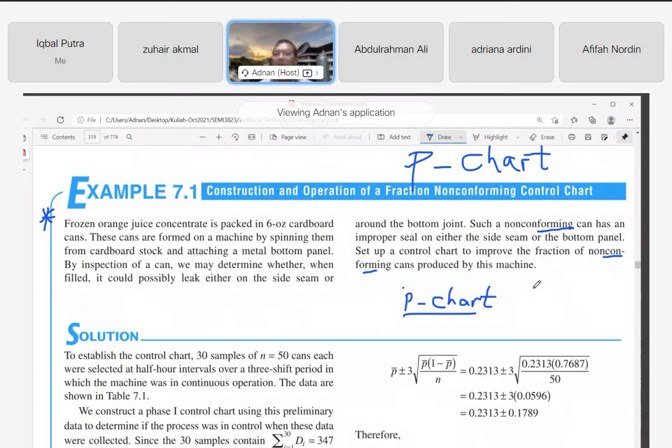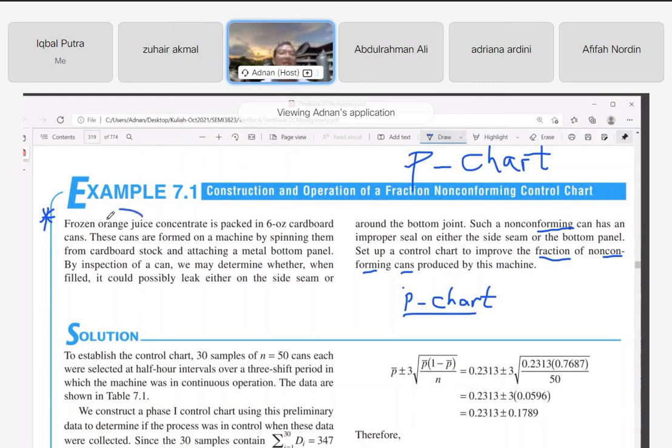And when it says non-conforming cans, non-conforming units, it clearly shows that it is a P chart. Sometimes they don't say construct a control chart, they just say set up a control chart to improve the fraction of non-conforming. So we know that fraction means a P chart. You need to understand that the chart is simple, but if you misunderstand that, everything fails.